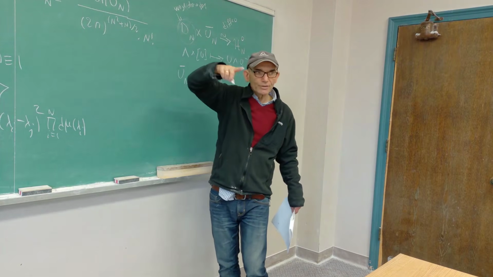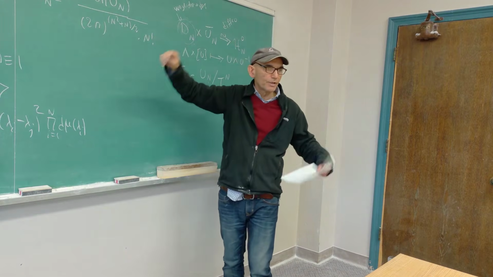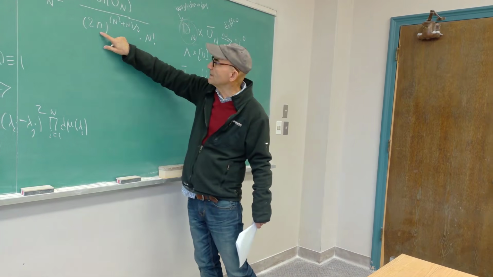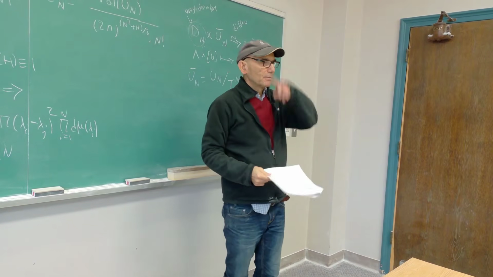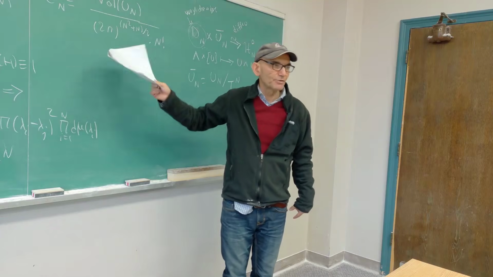Because these are all ordered, lambda 1 less than lambda 2 less than lambda n, but in R^n we are integrating over everything, so this is this normalization factor. And the rest of this 2 pi, this thing, is because computing the Gaussian over H_n gives you these factors like this.